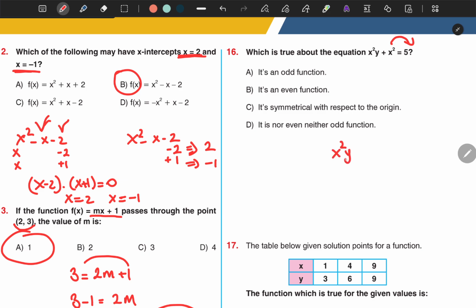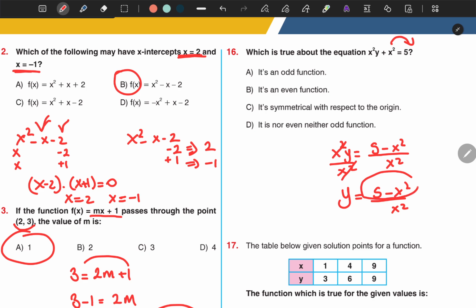X square y equal to 5 minus x square. I have to divide both sides by x square, to make it y alone. 5 minus x square over x square.